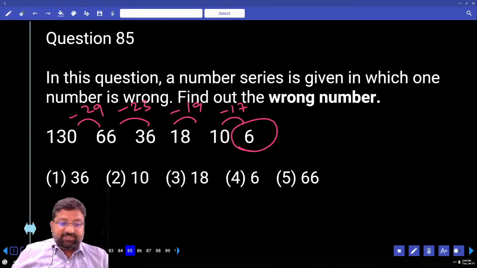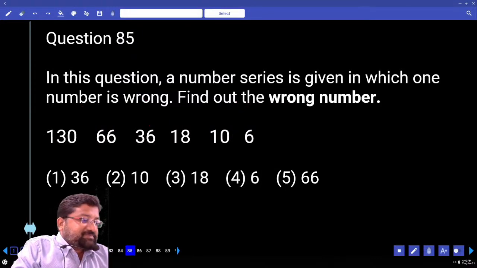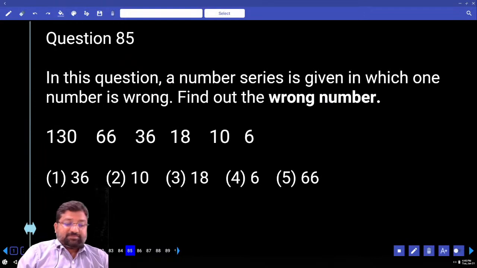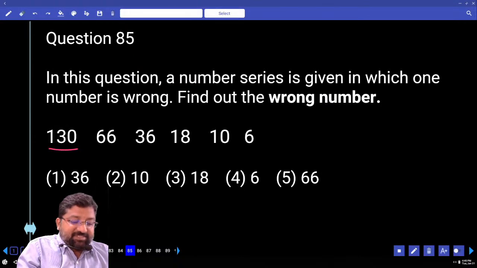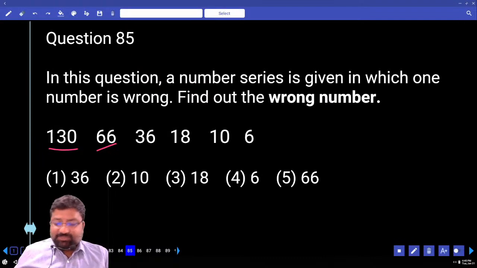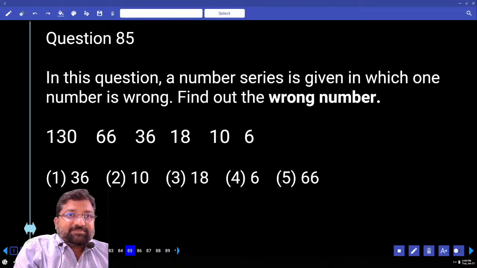The last question for the day. Increasing or decreasing? Decreasing. What is this number? Is this 130? And this is 66. Almost half of the previous number.